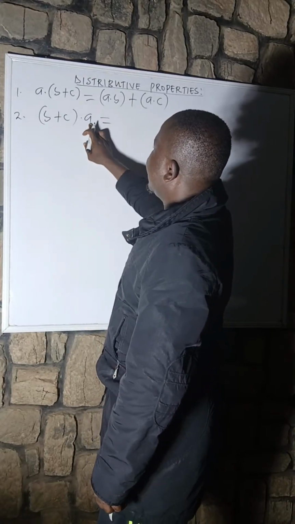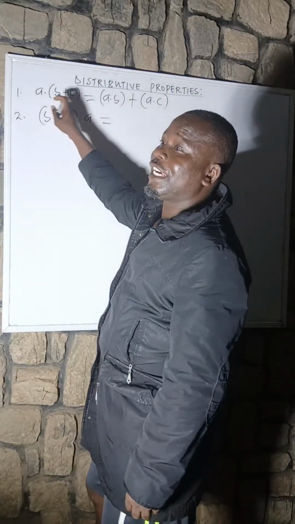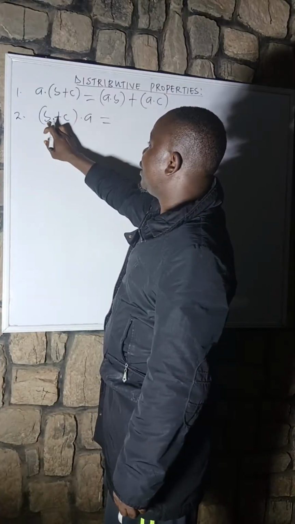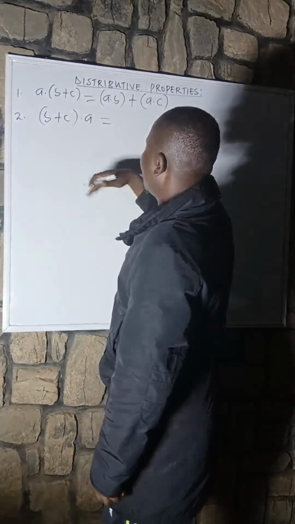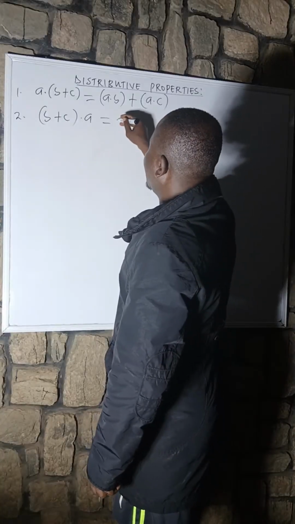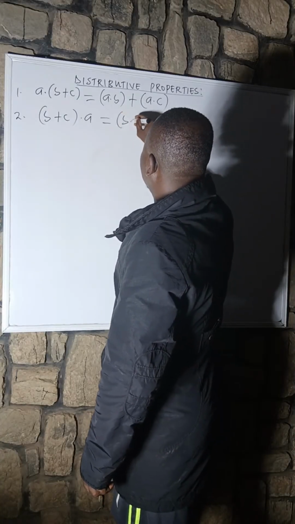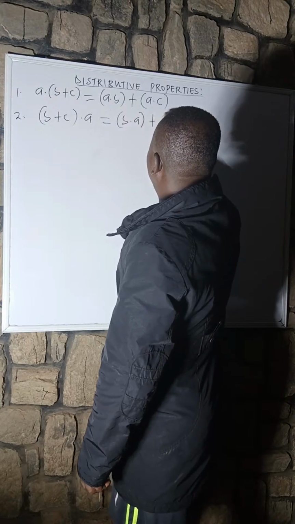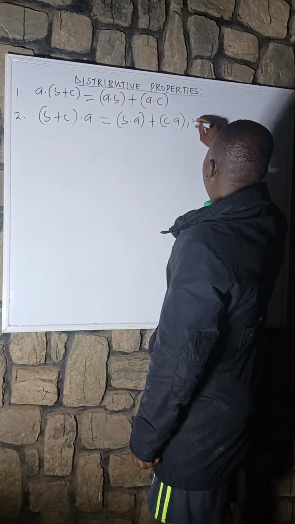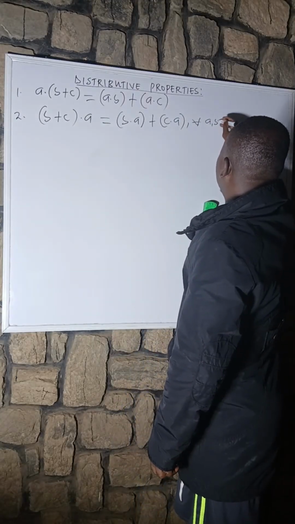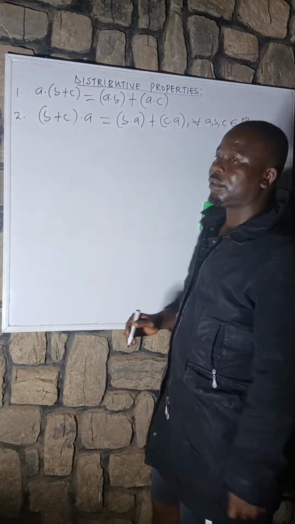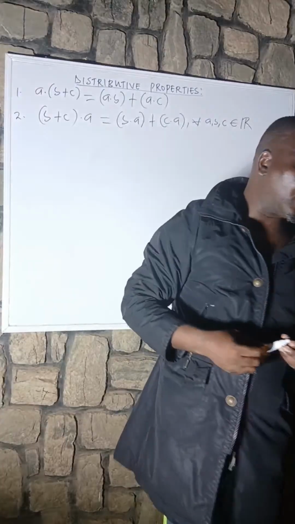Before it was Esther that was trying to distribute. Now it is these two that want to distribute. So see how these two elements will distribute now. Here we are going to have B dot A, plus C dot A. Therefore, for all A, B, C in the real numbers. Take notes. Is that clear?